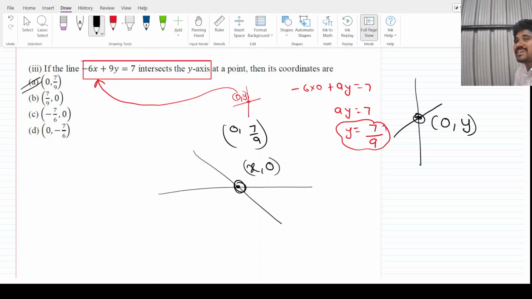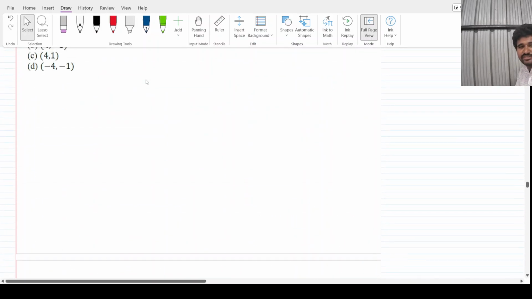Any line cutting the y-axis, at a point 0, comma y. If a line cuts both axes, the point where it cuts the x-axis is x, comma 0, and the point where it cuts the y-axis is 0, comma y. That's it. Yes or no? Is that clear? Yes. Let's see the next question.